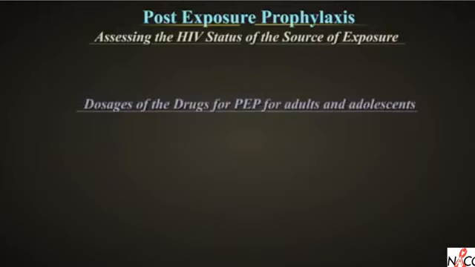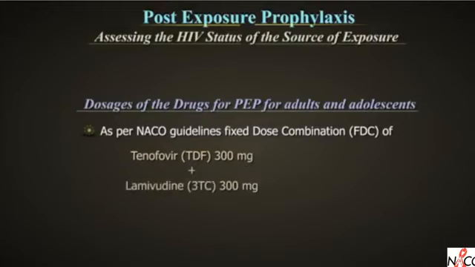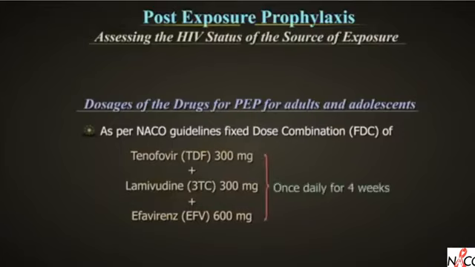Dosages of the drugs for PEP for adults and adolescents: fixed dose combination FDC of tenofovir, that is TDF, 300 mg plus lamivudine 3TC 300 mg plus efavirenz EFV 600 mg once daily for 4 weeks.